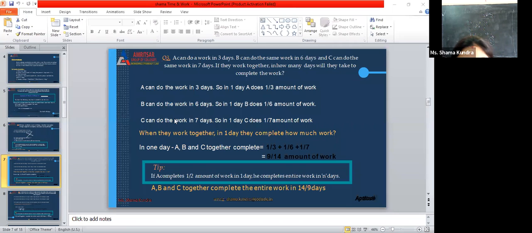I will explain this on the board also. See how we find 1 day work and then, on taking LCM, how we simplify it. See what the statement is.